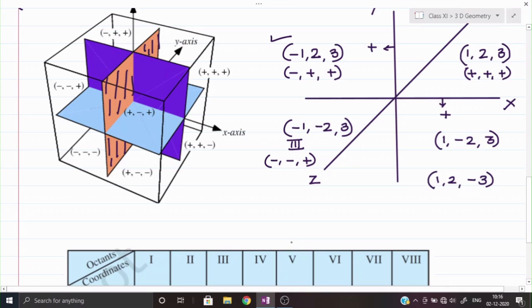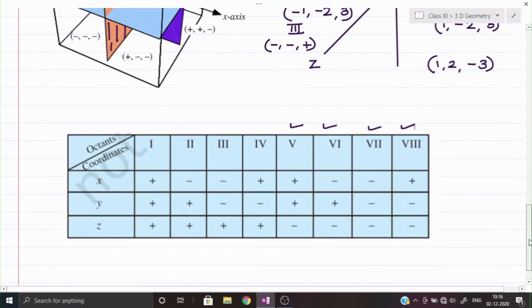Because now the remaining 5th, 6th, 7th and 8th, these 4 octants will contain z-axis negative. You can check. 5th is containing z-axis negative, 6th also, 7th and 8th also, whereas the first 4 octants take the z-axis positive.